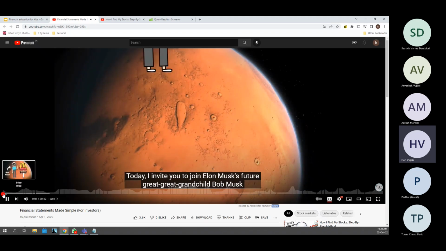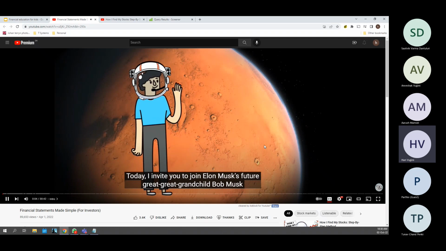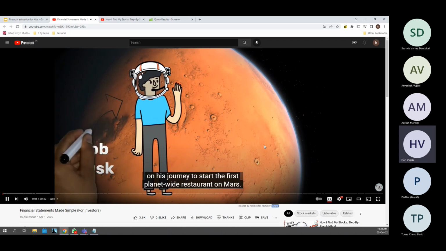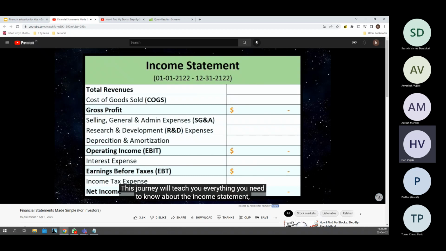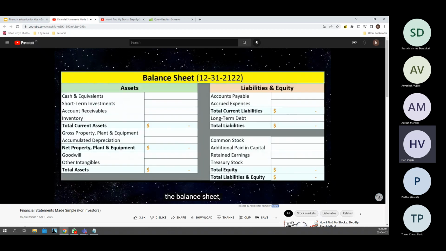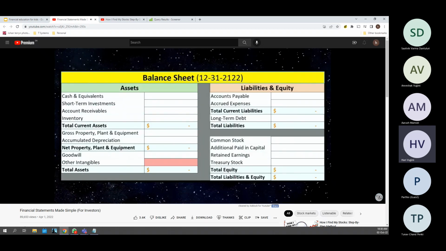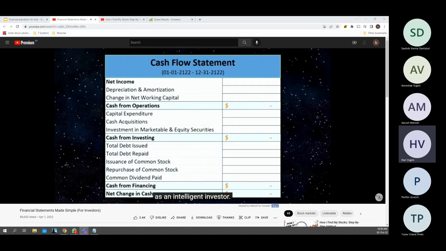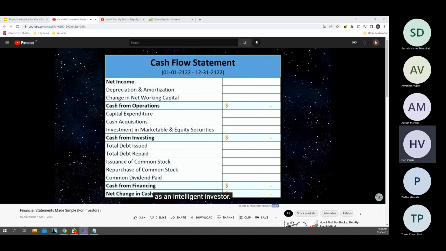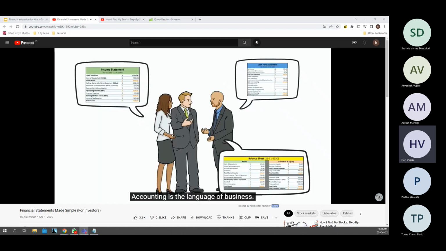Invite you to join Elon Musk's future great-great-grandchild Bob Musk on his journey to start the first planet-wide restaurant on Mars. This journey will teach you everything you need to know about the income statement, the balance sheet, and the cash flow statement as an intelligent investor. Accounting is the language of business.